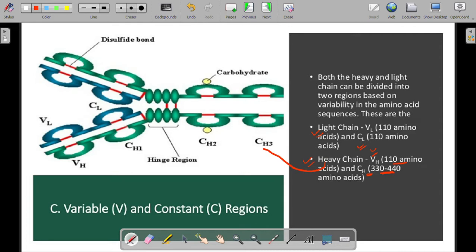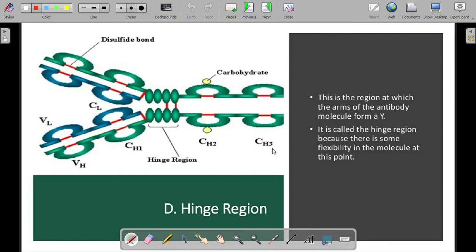And we are basically talking about these regions. This is the region at which the arms of the antibody molecule form a junction; it is called the hinge region.